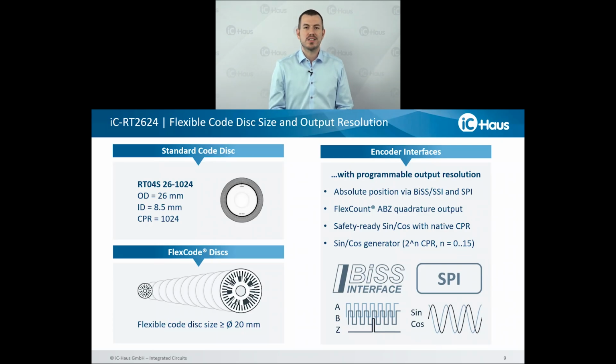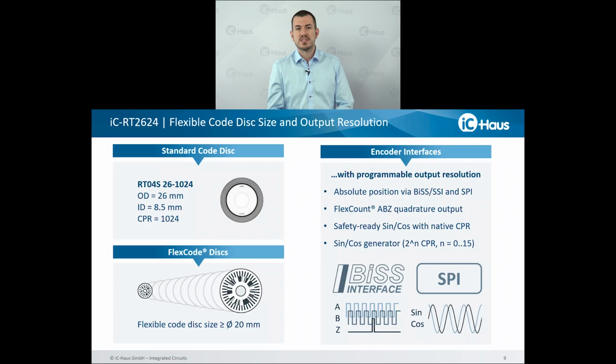You can just program the desired output resolution that is required for your application. Of course, well, the obvious ones for the absolute angle or the absolute position, BiSS, SSI, or SPI, which are available in parallel, by the way. It's not a choice. You could use both simultaneously. Also for the quadrature output, A, B, Z, you can just program the number of pulses that you would like to have on 360 degrees full rotation.